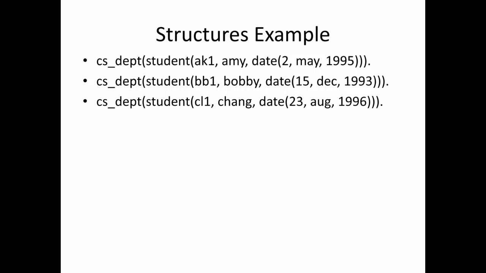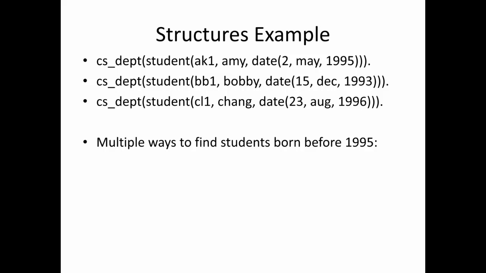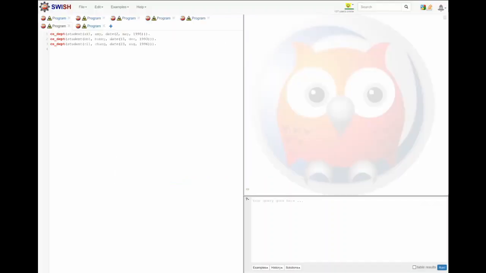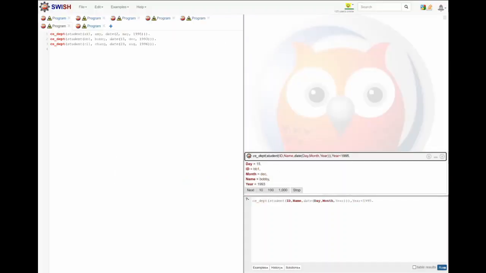Suppose there are facts in our knowledge base. How do you find students who are born before 1995? Well, one way is we locate variables for what we're trying to identify, and then put a condition that the year has to be less than 1995. So we have Bobby, who was born in 1993.